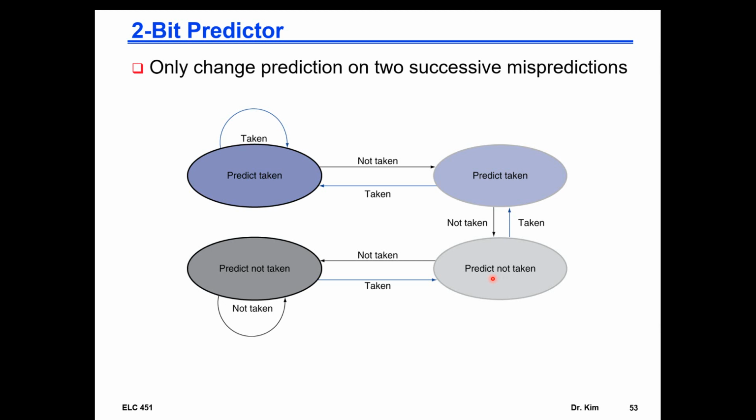And only when we are wrong twice do we switch our prediction. If, when we are predicting that the branch is not taken, we are wrong, we go back to the previous state. So that way we're absorbing the fact that we are flipping the outcome of the branch outcomes.